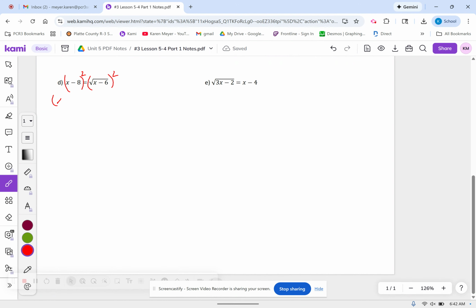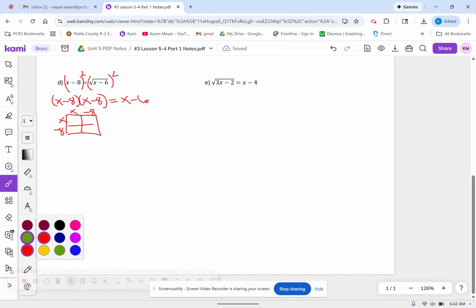So you want to think of it as x minus 8 times x minus 8, which means I have to multiply that with a box. On the other side, the power of 2 and the root cancel out, so that side's easy. But the front side, you're going to have to make a box. So make yourself a little box, and then we're going to multiply these together.